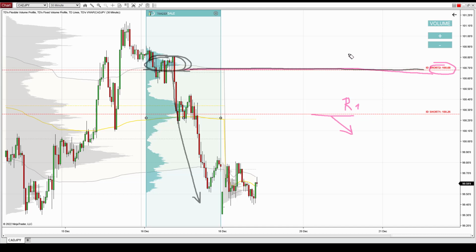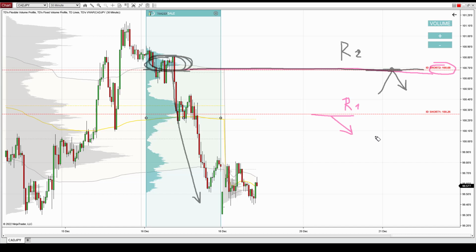So this should work as a resistance, because when there is a pullback to this resistance in the future, then sellers from here will want to defend their shorts and push the price downwards from there again. Right, this zone is important for them because they placed a lot of their shorts here, and that's why they should become active and start defending this level in the future.